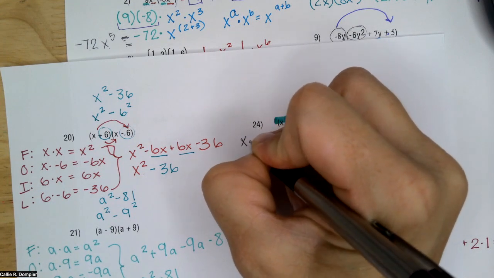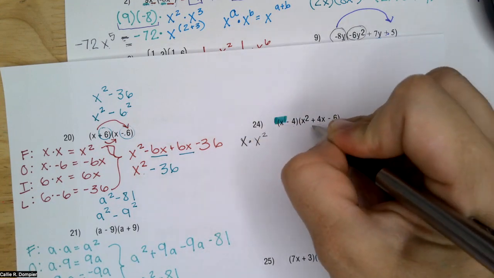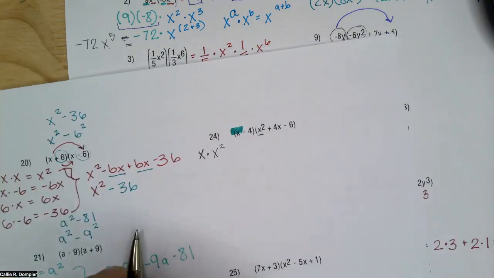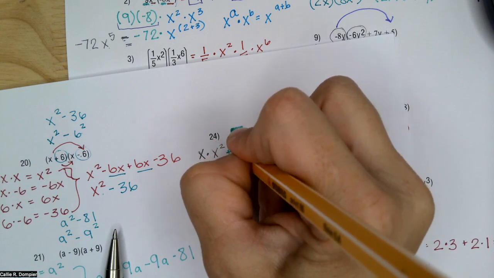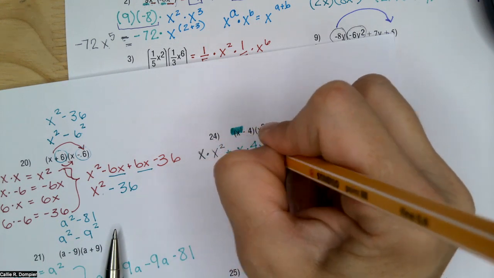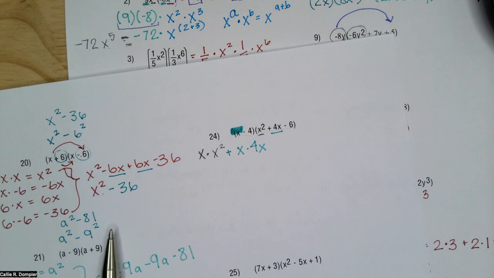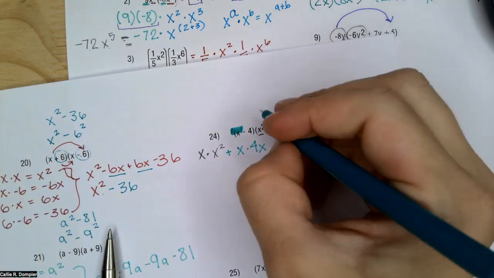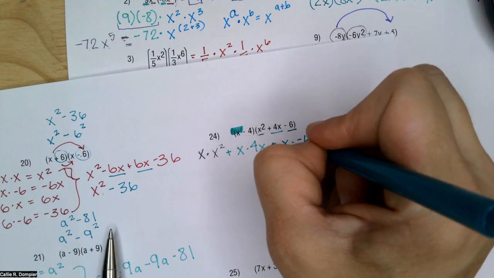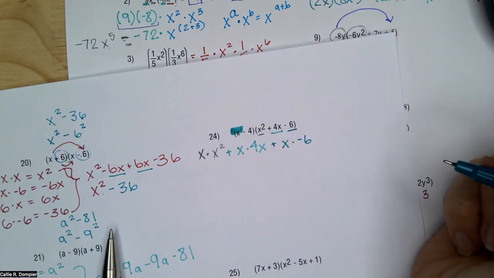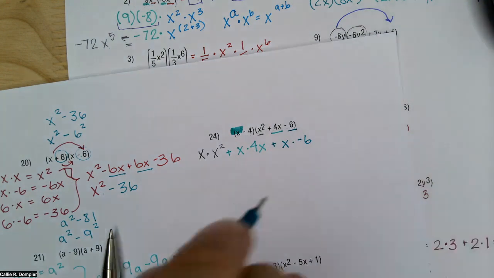X times x squared is that one. X times 4x is that one. And then x times negative 6, don't forget the negative sign, is that one. All right, that's the x.